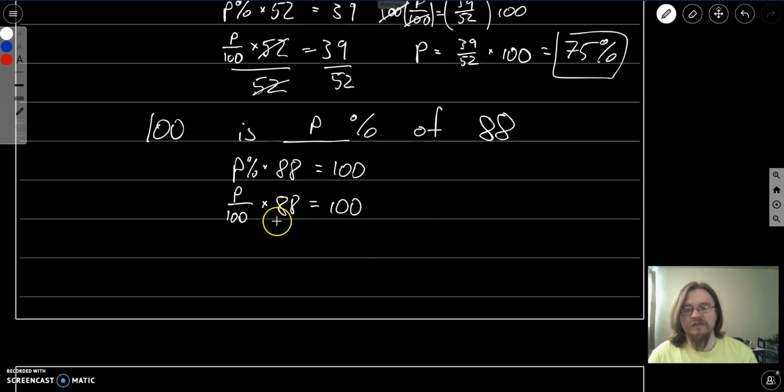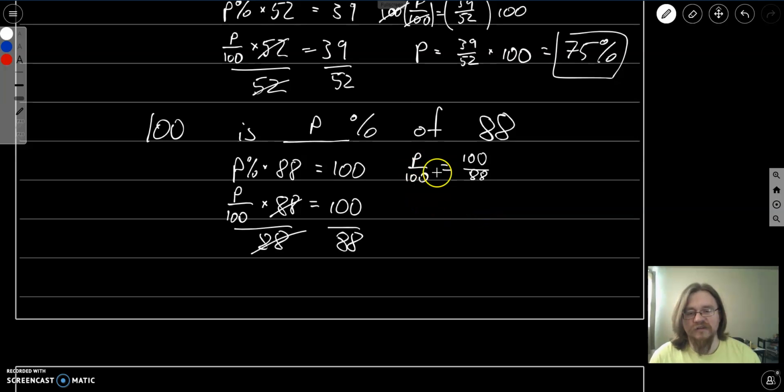And again, we'll go through the same steps. I'm multiplying by 88. I don't want to be multiplying by 88, so we'll divide everything by 88. After we cancel out the 88s, I'll get p 100ths is going to be equal to 100 divided by 88.